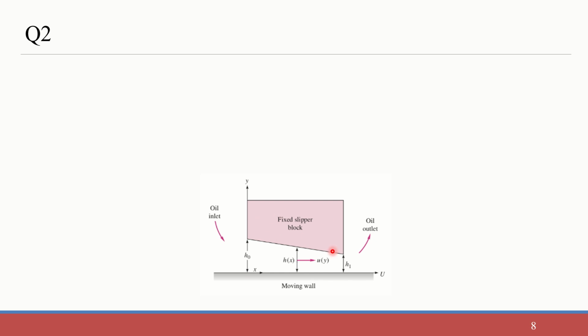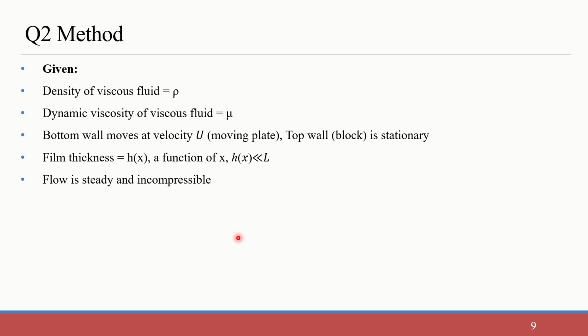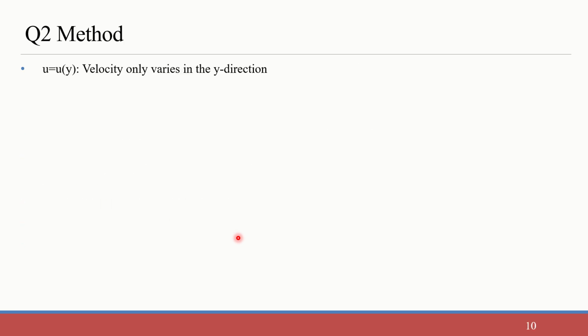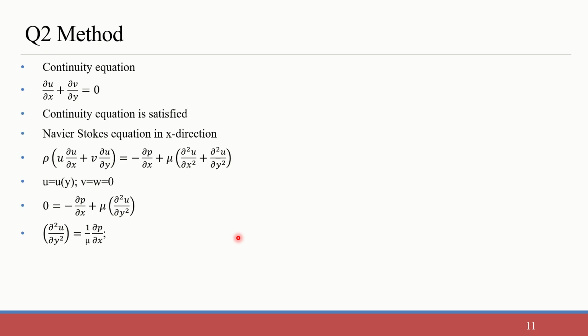Whereas the top is a fixed slipper block. On applying the no-slip condition, we say that here it is 0. So u at some height h is 0. Those are the two boundary conditions which we will apply: u at y equal to 0 is capital U, and u at y equal to h is 0.